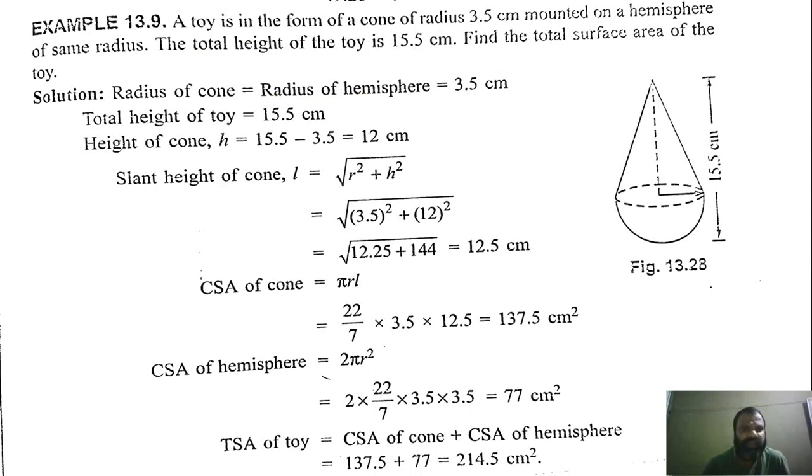Next example, example number 9. Approximately, I think it is 8. Okay. A toy is in the form of a cone of radius 3.5 centimeter mounted on a hemisphere. Look here, it is the figure of this question, and this type of question mostly comes in class 10th.